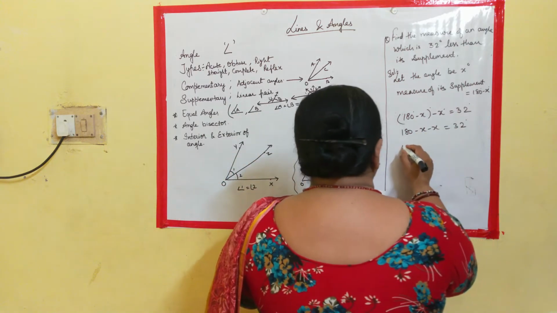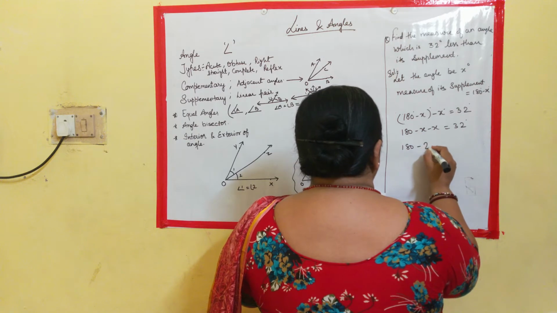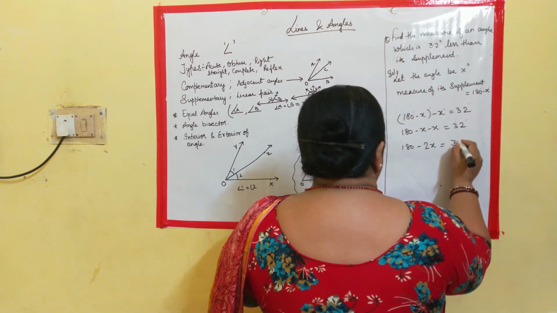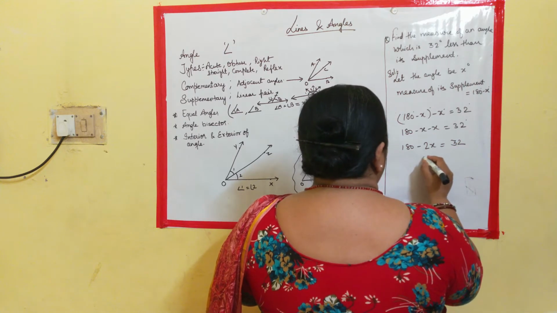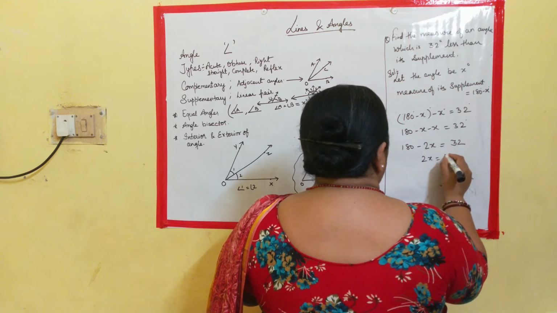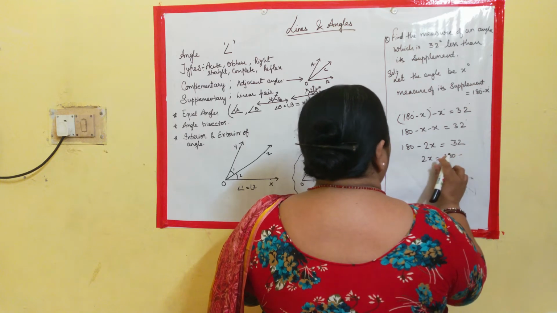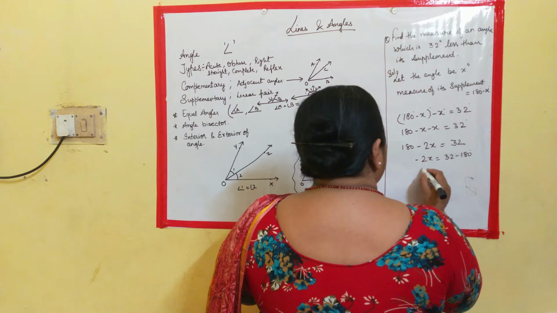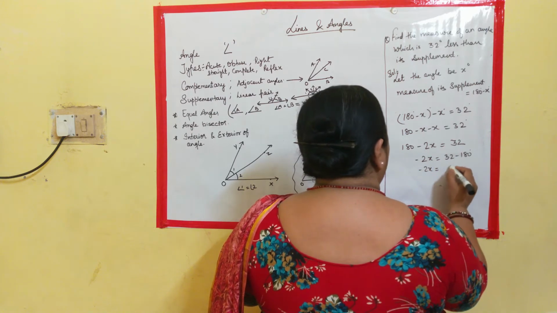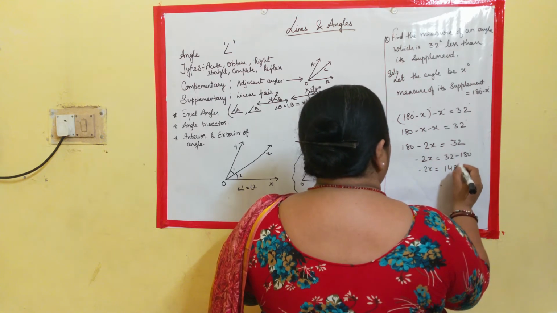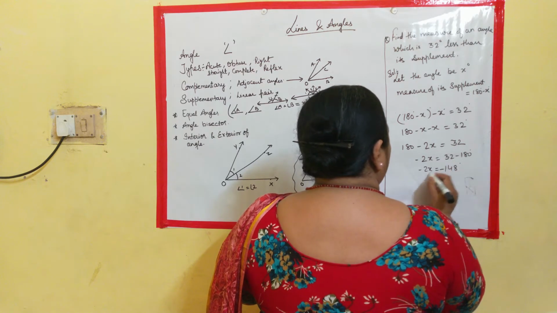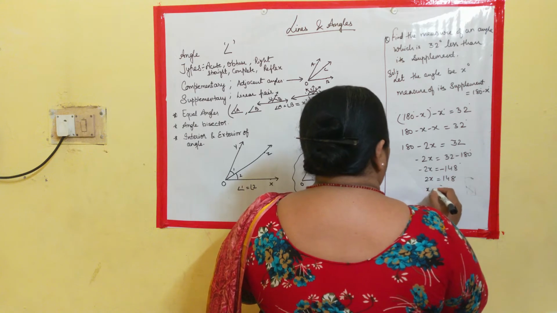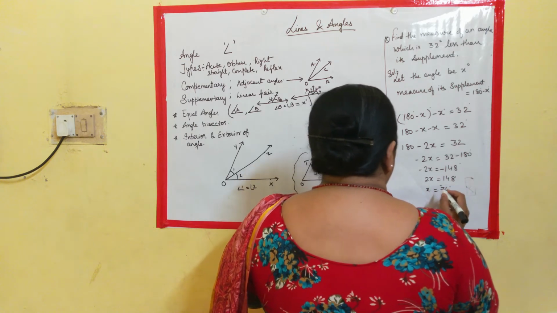Then, this is 180 minus 2x is equal to 32. That is 2x is equal to 180 minus 32. Then 2x will give you 148 as the answer, and then both minus signs will be cancelled. 2x is equal to 148. x is equal to 74 degree.